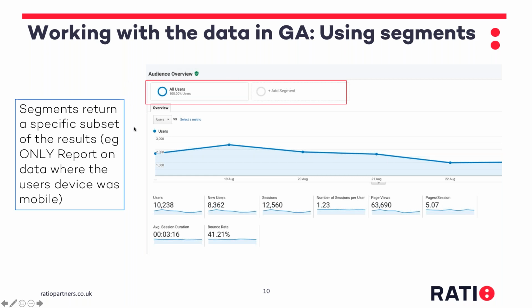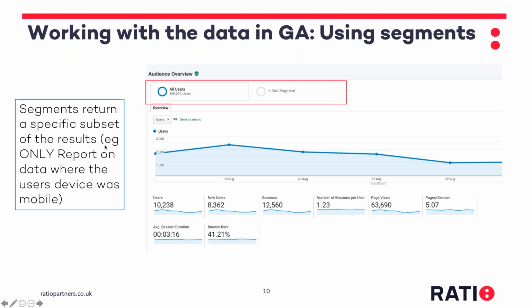And this is where you can specify that, hey, Google Analytics, don't just show me this overview report, like the generic number of users, new users, page views, etc. I want to filter that entire report and only show me the data that's relevant to a specific subset of your users or a specific segment.